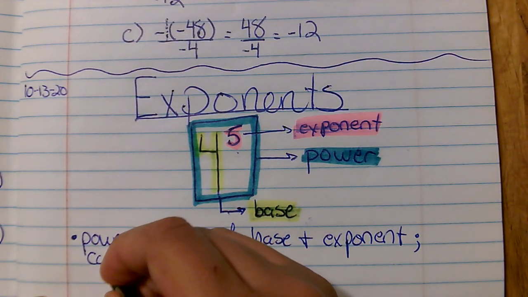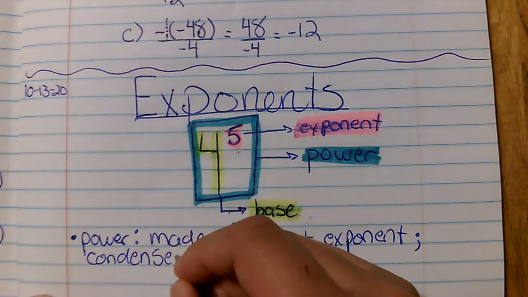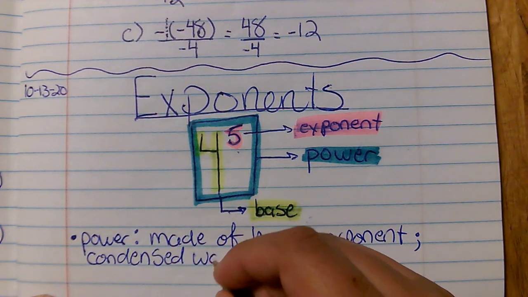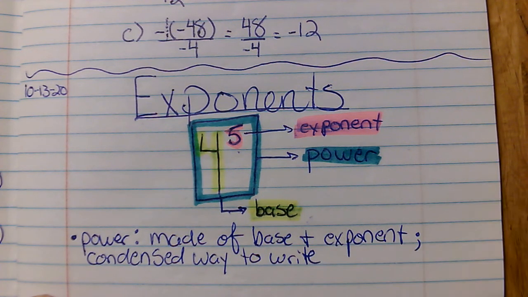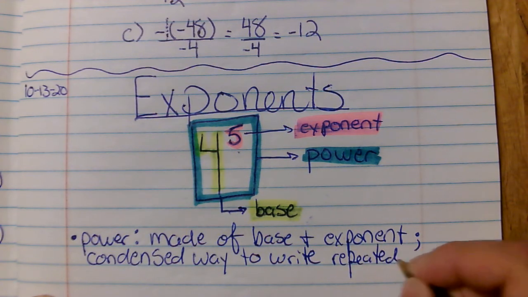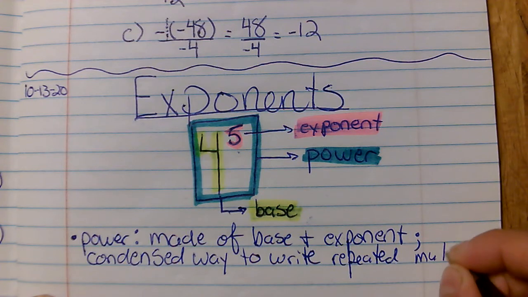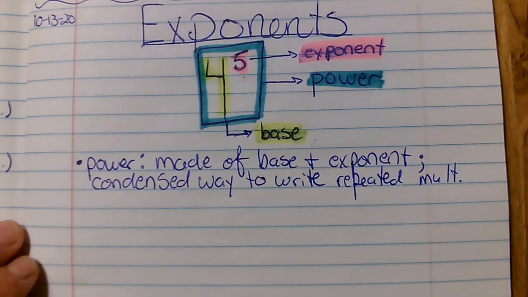It is a condensed, C-O-N-D-E-N-S-E-D, condensed way to write repeated multiplication. I'm just going to abbreviate the word multiplication. You may do the same as well.